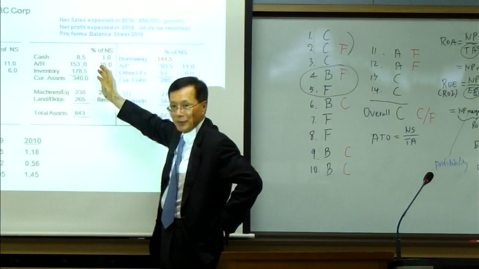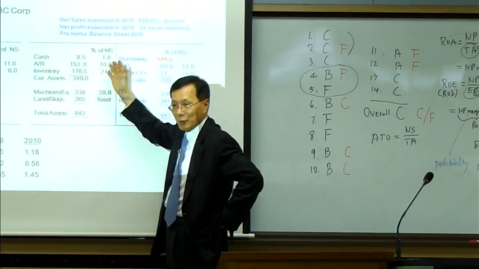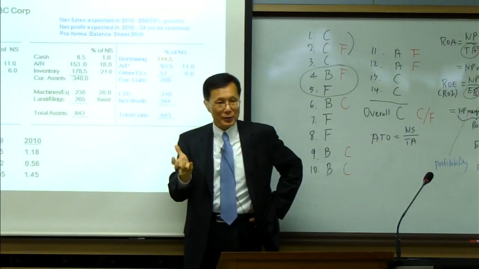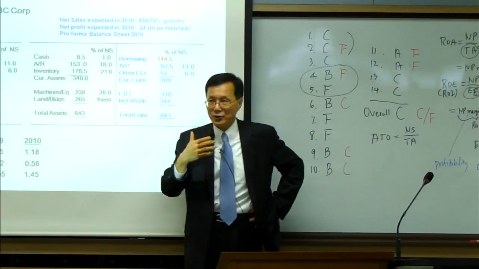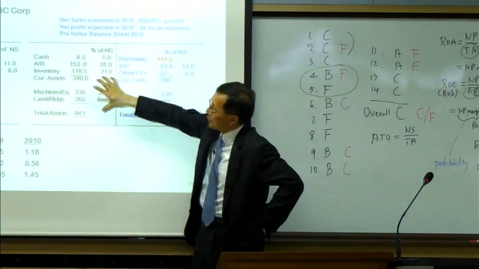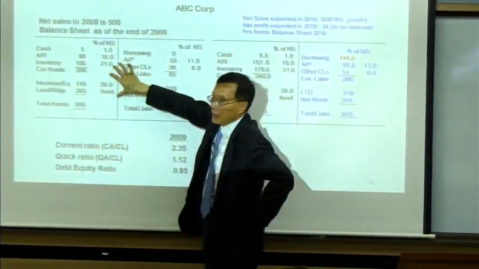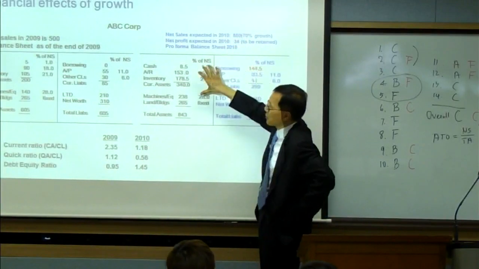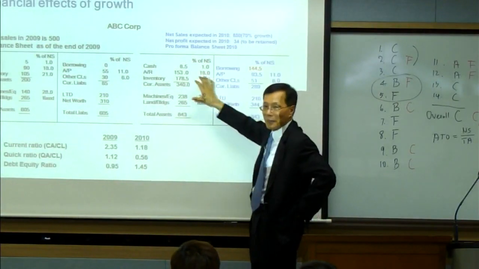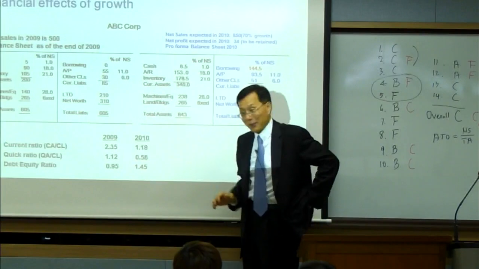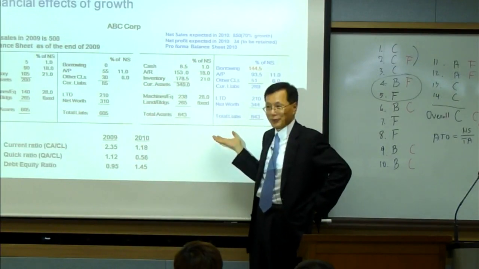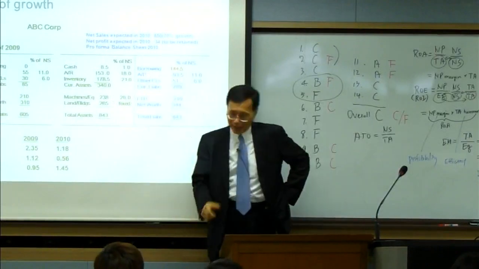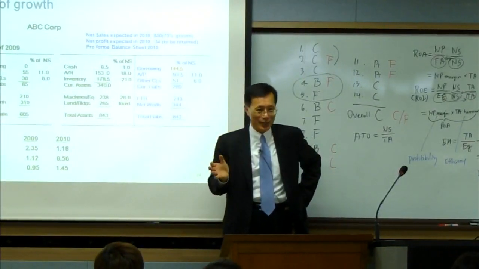But the company's balance sheet for year 2010, the so-called pro forma balance sheet, the forecasted balance sheet. By using the information here and the income statement information here, I want you to come up with this pro forma balance sheet. But actually I did it for you. So I want you to verify that all of these numbers are correct. And I'm sure that they are correct because I double-checked.